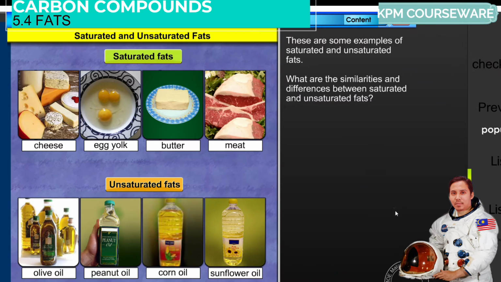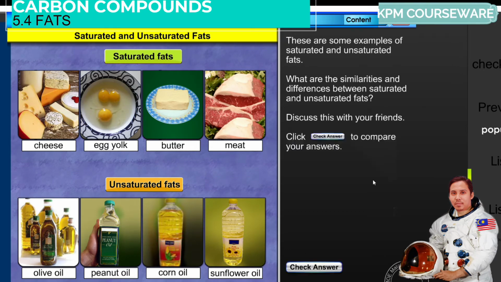What are the similarities and differences between saturated and unsaturated fats? Discuss this with your friends. Click Check Answer to compare your answers.